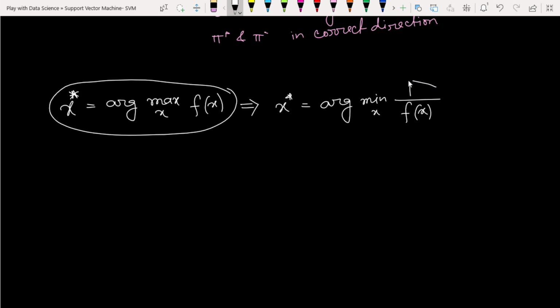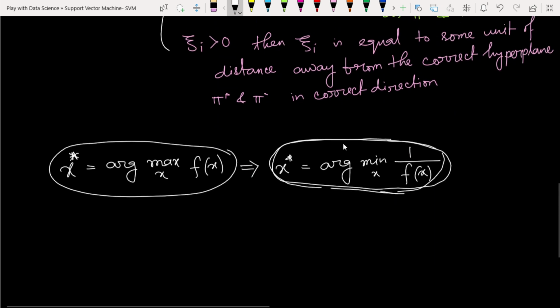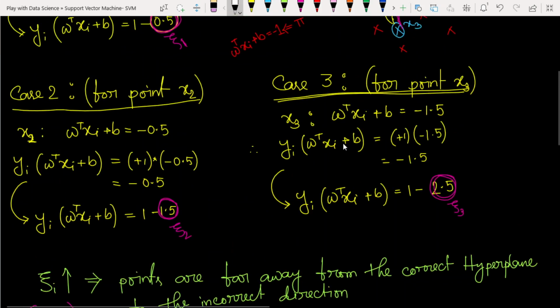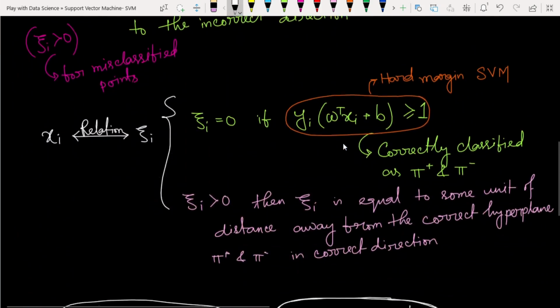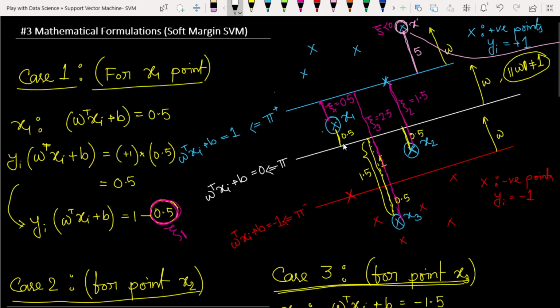We write these equations in a different way, but actually they are the same. So using this formula I am converting the maximum equation to the minimum form.